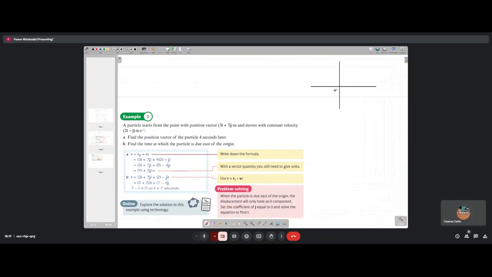So if I say that this is my origin, so 3, 7 is somewhere here, for example. So that's a starting position. And we know that the velocity will be 2, minus 1. So 2i minus j. So it might be something like this.